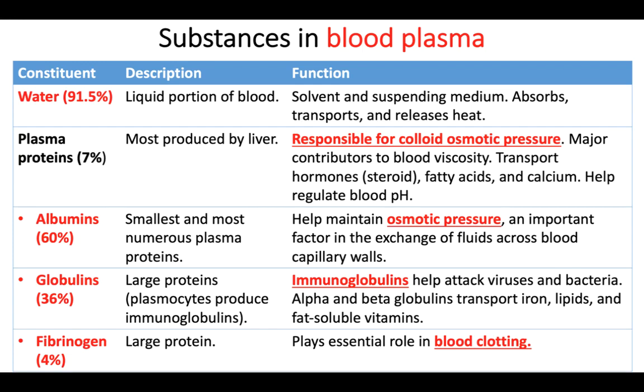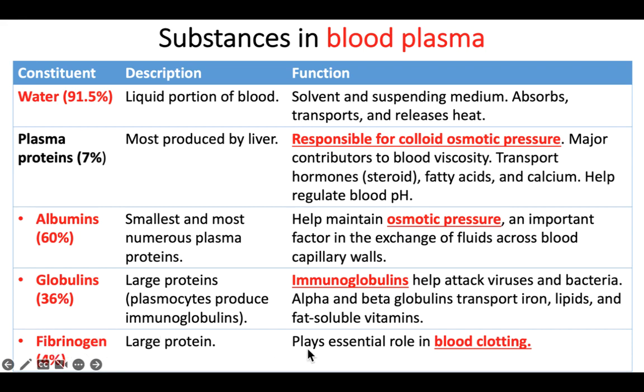Antibodies are protecting you against viruses and bacteria. So when your immune system produces these antibodies or immunoglobulins, they circulate throughout your body, within the blood plasma. Okay, and then finally fibrinogen.